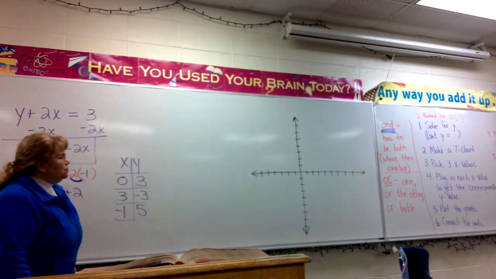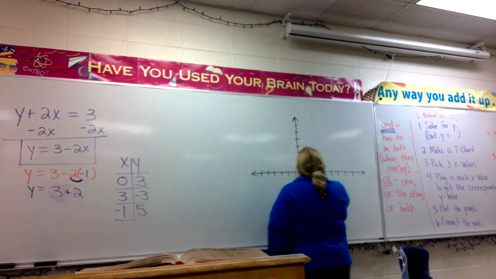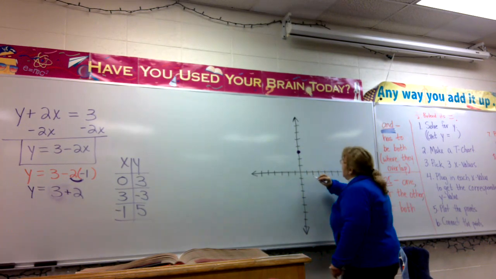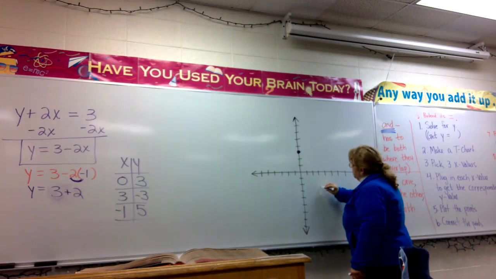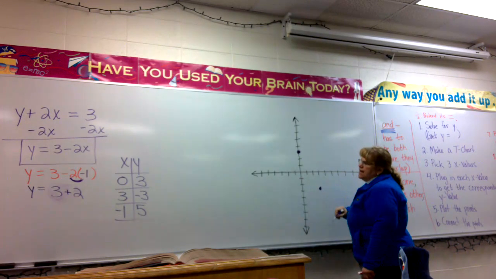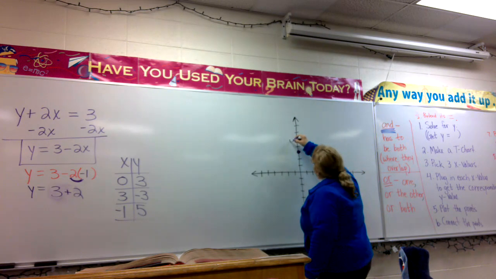Next step is to plot these points. 0, 3. 0 right or left and 3 up. And then I've got 3, negative 3. 1, 2, 3, 1, 2, 3. And then I have negative 1, 5: 1, 2, 3, 4, 5.